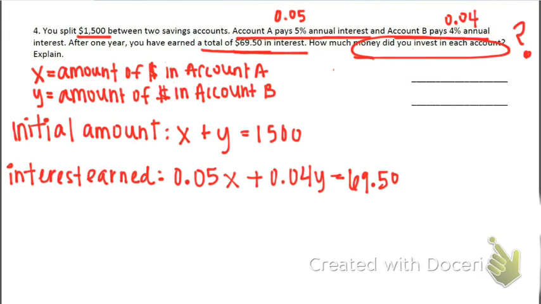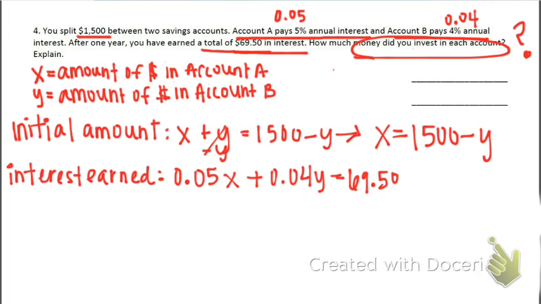X. So that means we're going to subtract y from both sides. So just off to the side, I'm going to rewrite the equation as x equals 1,500 minus y. It looks like I'm going to use the substitution method.